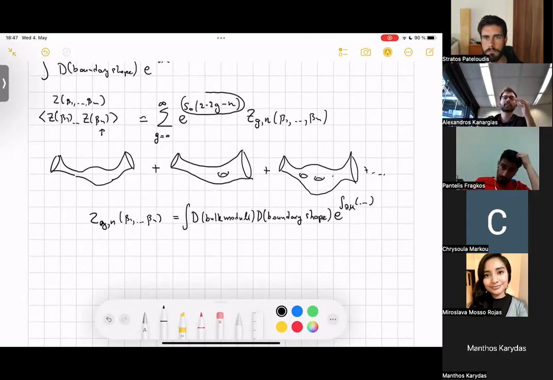It's not like you're inserting something in the functional integral and you calculate this path integral like in QFT. I don't mean add an insertion to the functional integral. This is a notation. It means that you have n boundaries and you sum over the topologies in this way.